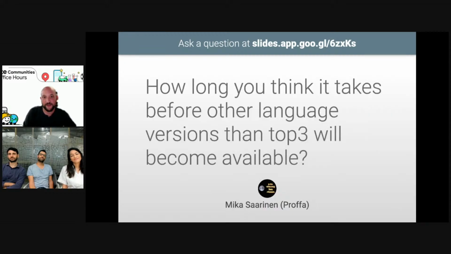from Mika. So how long do you think it will take before other language versions other than the top 3 will become available? Okay, so honestly, I am not sure because this is the first time we're doing it. I will say that there are 10 languages that are done translation already, thanks to all of you. And we are now working on creating them one by one.